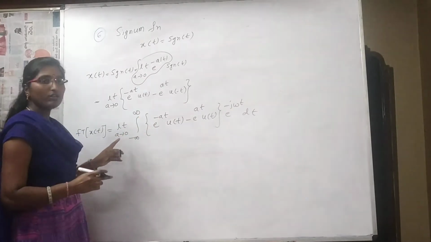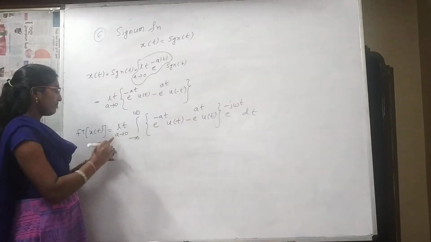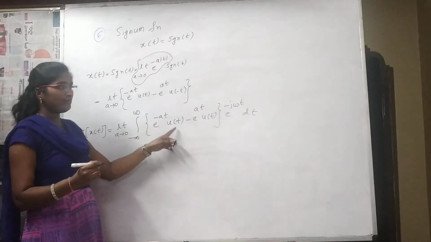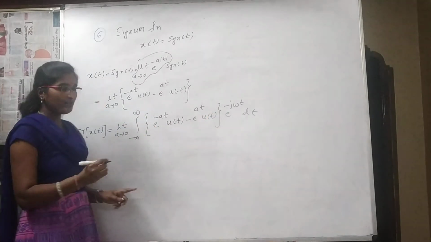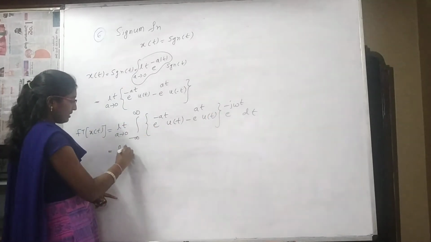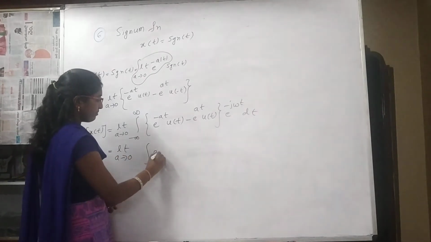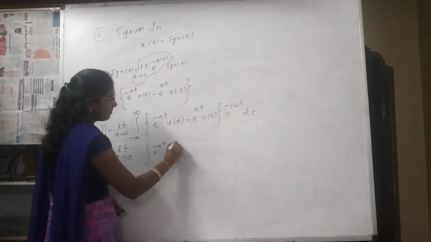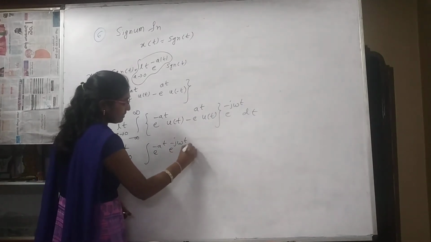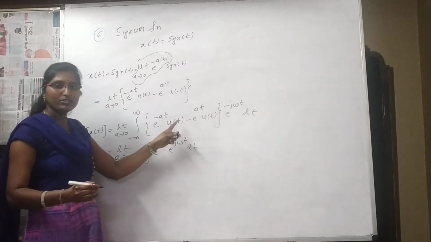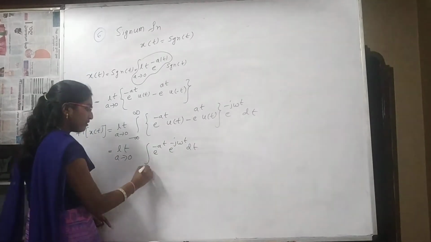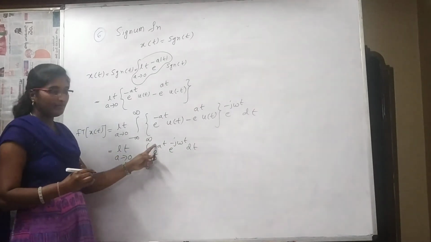Okay. Now we will apply the Fourier transform for that. Limit a tends to 0 and this entire function here e power minus j omega t. Let us split: limit a tends to 0 and integration e power minus a t e power minus j omega t dt. Here u of t value is 1. When will it be 1? Only from 0 to infinity.